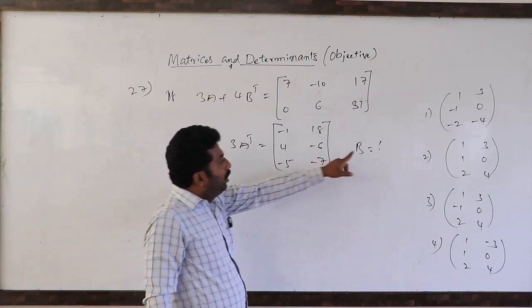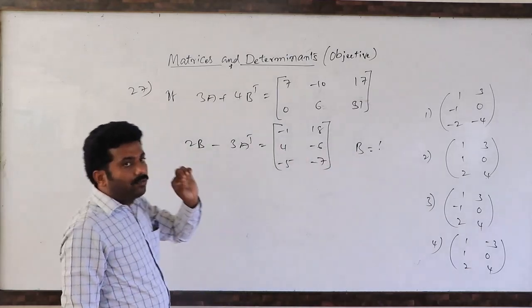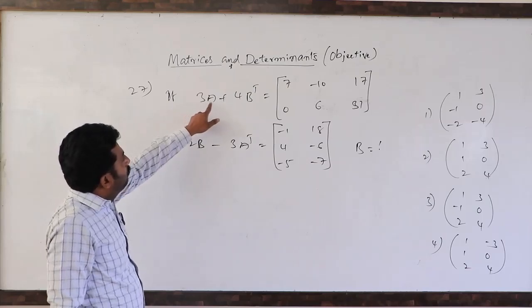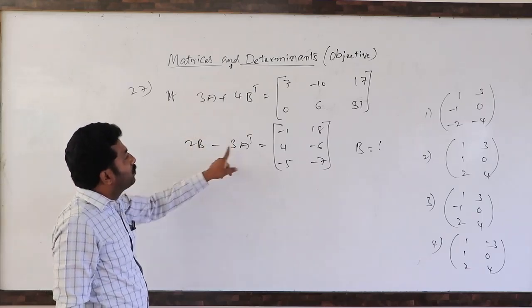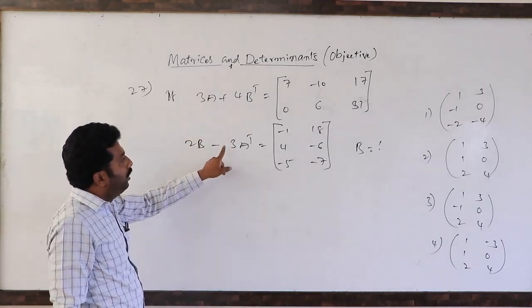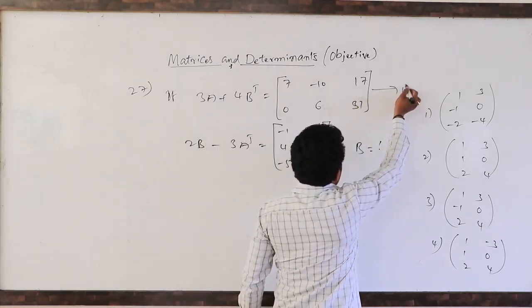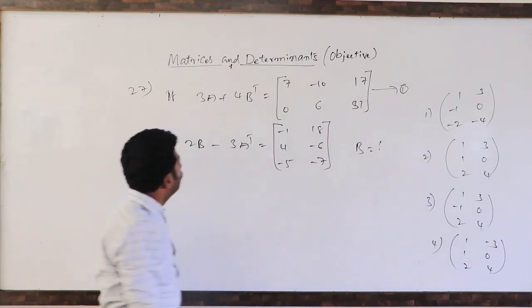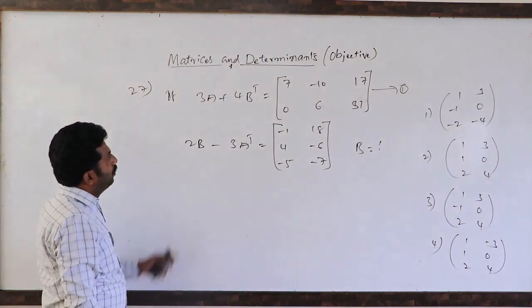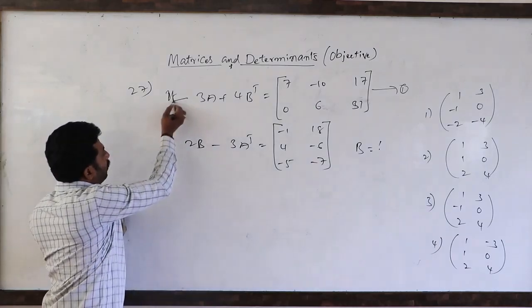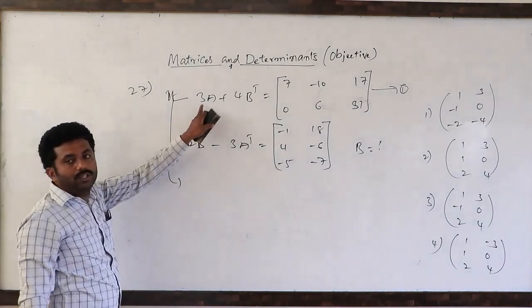They are asking only for the B matrix, which means the A terms we have to cancel. Here the A coefficient is 3, and here also A transpose is there. So be careful. This is equation 1 I am taking. Otherwise we can take the transpose of this equation.